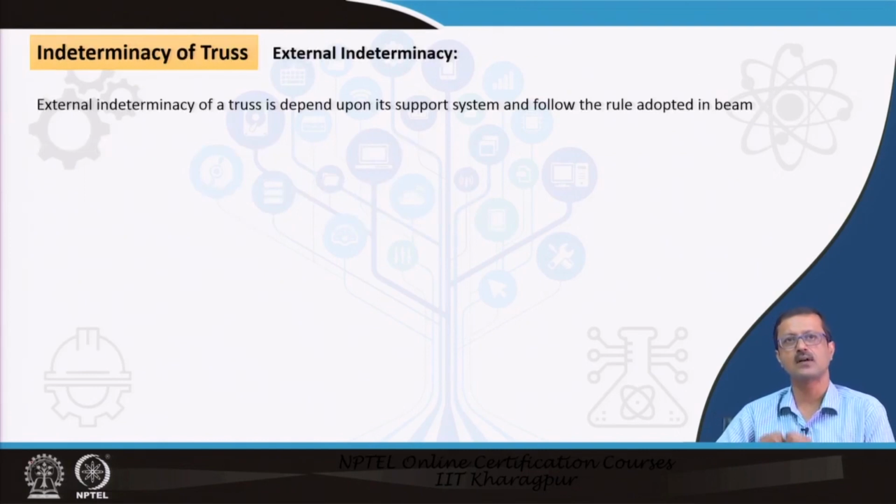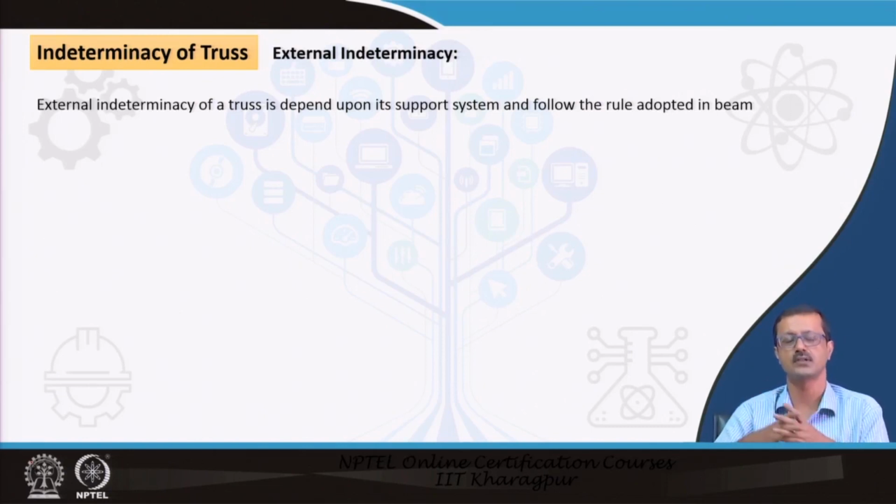First of all, let us see what indeterminacy is. We have already discussed indeterminacy in the very first week of lectures. If you need some clarification, you can go back to the first week lecture, I think lecture number 3 or 4. Indeterminacy is the redundancy, that is, the unknown forces.